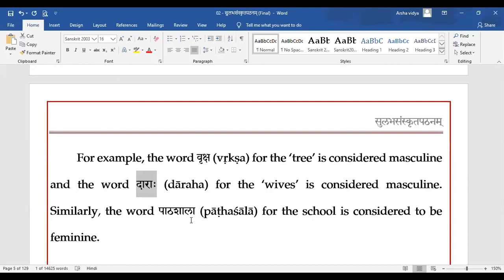Vidyalaya also means school only, but it is a masculine gender word. Patashala is a feminine gender word. Pakashala, kitchen, is a feminine gender word. Yajnashala, where yajnas, yaga, homa are done, is a feminine gender word.